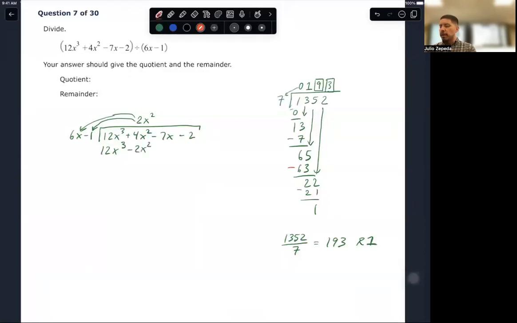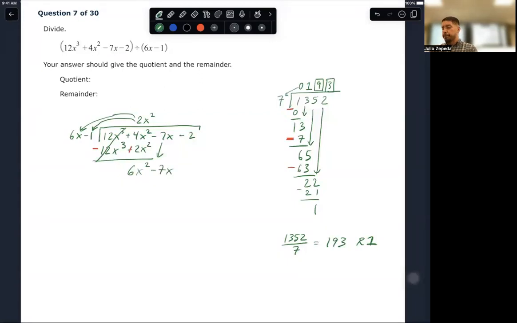And then just like before, we subtract these terms. That amounts to switching their signs, because if you subtract a positive term, you just subtract it. If you subtract a negative term, then it would change to addition. And so a term cancels here. 4x squared plus 2x squared is 6x squared, and we bring down the next term.